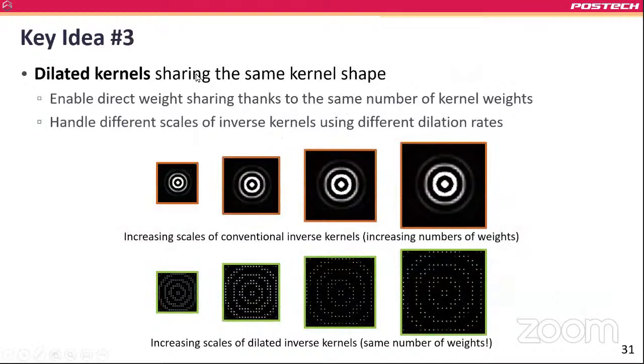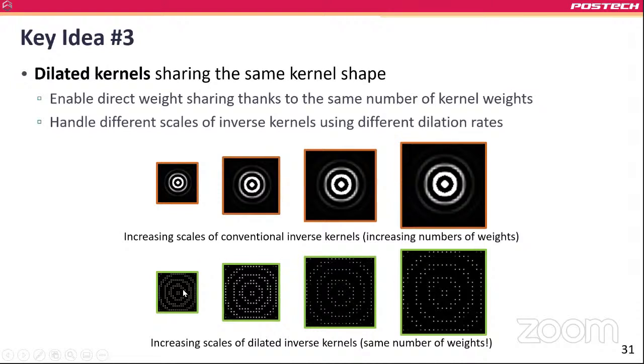The last idea is that we have to represent these different scales of inverse corner, but it's not very immediate. It's not very straightforward. But we found that if we use this dilated corner, then this dilated corner will have the same components in the corner, and it's easy to share the same weights in this dilated corner.